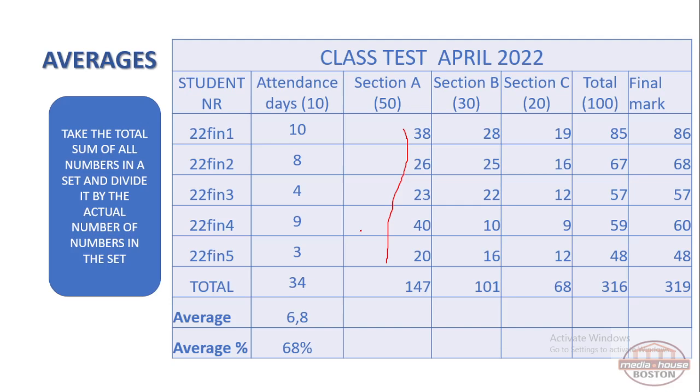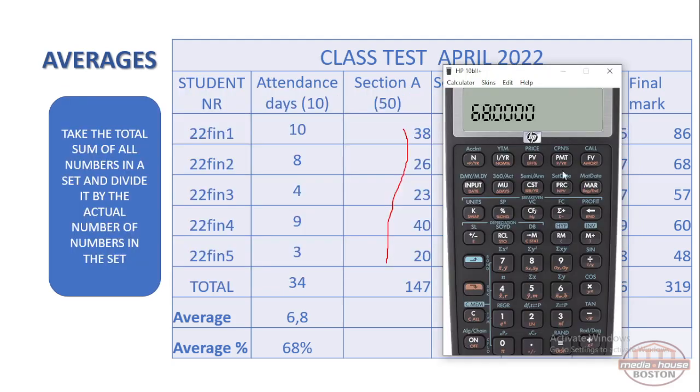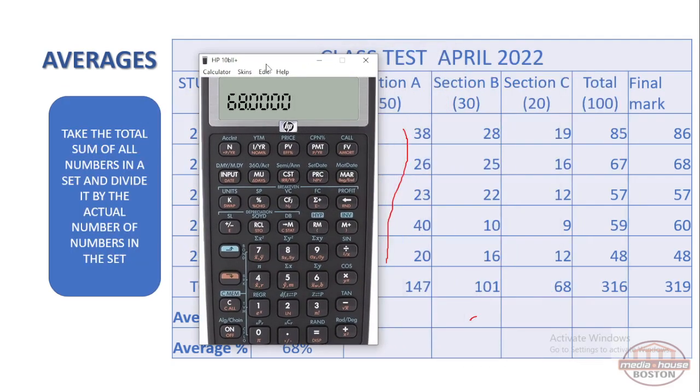Yes, sir. The average that I got was 20.2. I'm saying the average I got was 20.2, and for the percentage, I'm just going to quickly calculate it.